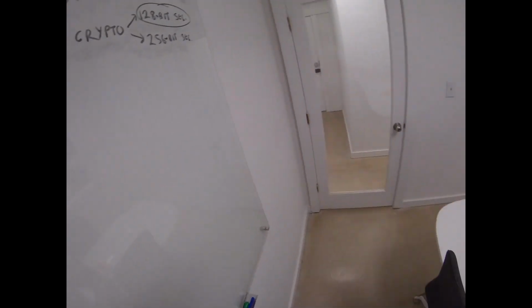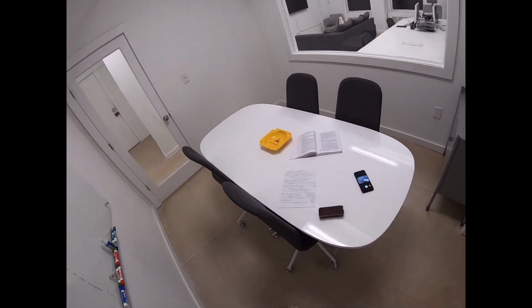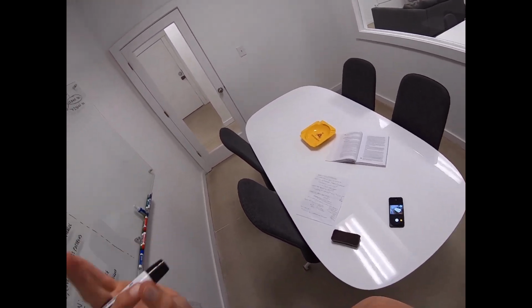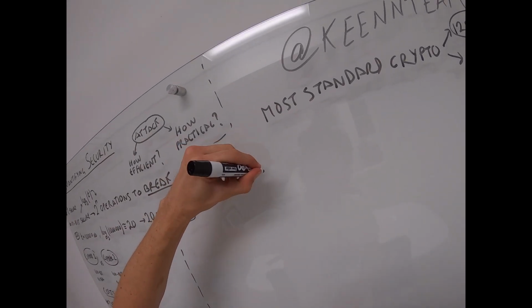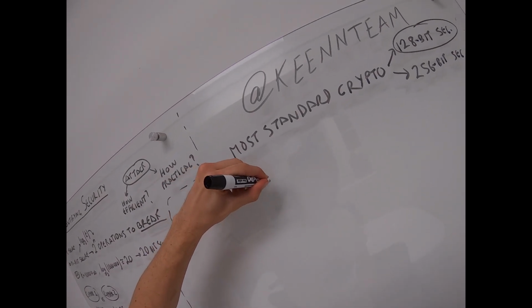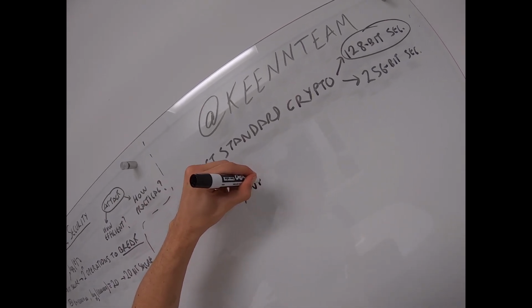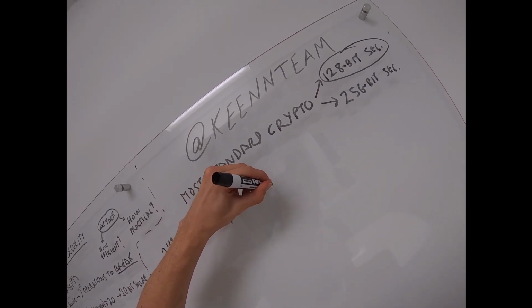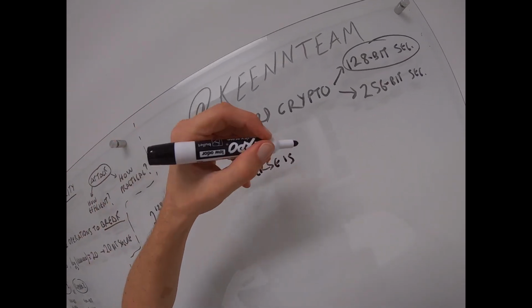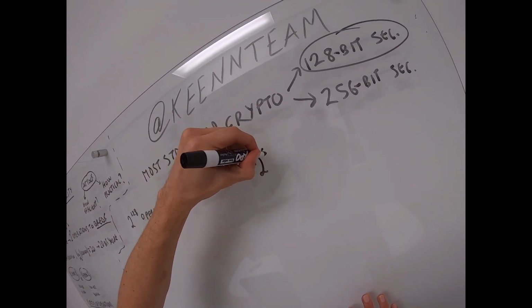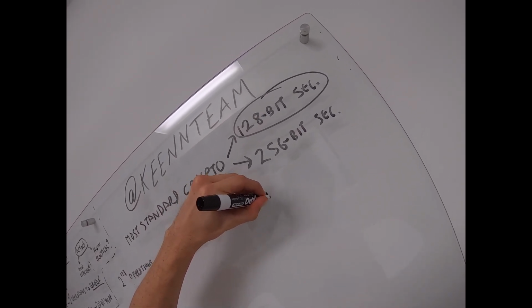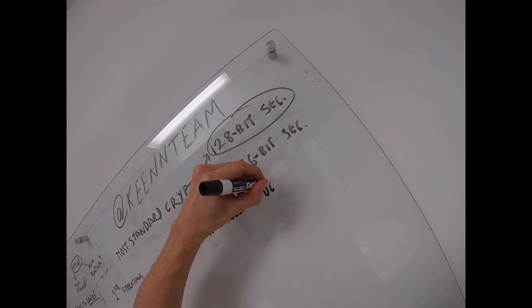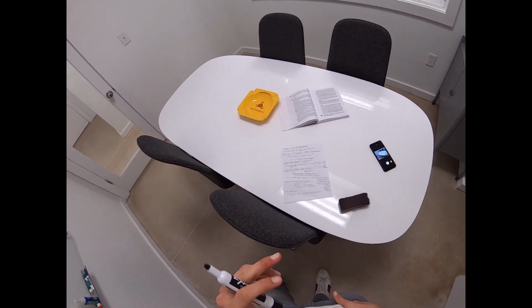Guess how old the universe is? The universe is 2 to the 88 nanoseconds old.